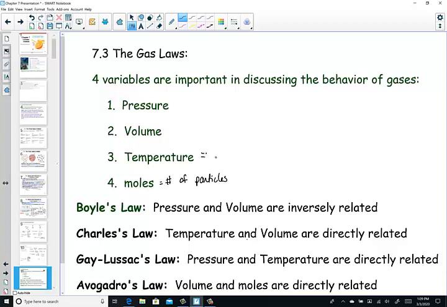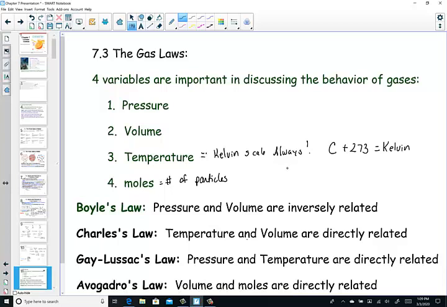We're also going to know that when we talk about temperature, we must always use the Kelvin scale. Always, always, always in this entire chapter. And just to remind ourselves, Celsius plus 273 gives us the Kelvin unit.